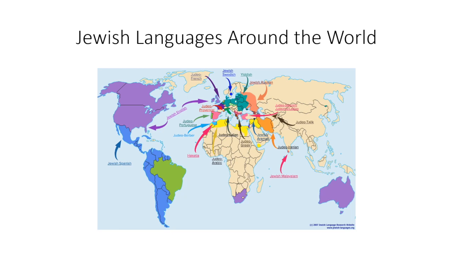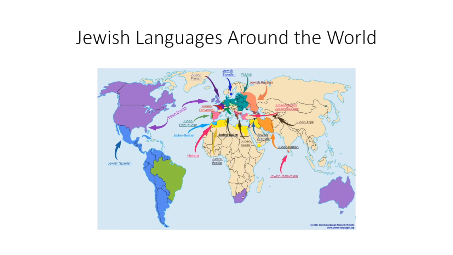That's one way that you can trace how the languages move. You can see the same thing with Yiddish, which starts a little bit in Italy and northern France, and then progresses all the way into Eastern Europe, into Russia and Ukraine and Poland. And you can see that there are even Judeo-English languages, a Jewish English that comes from England and also the United States and Canada.